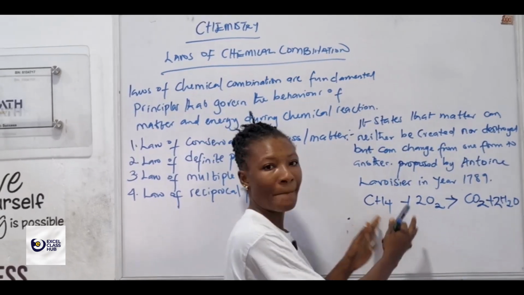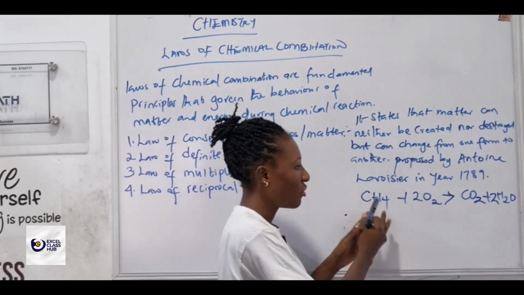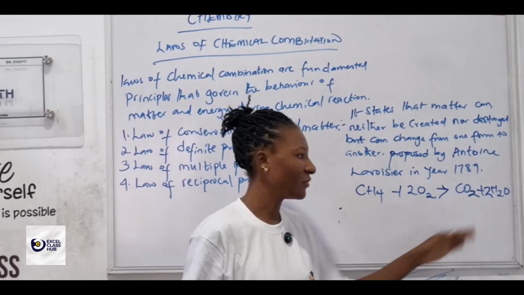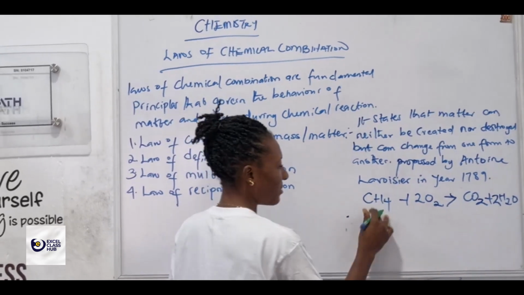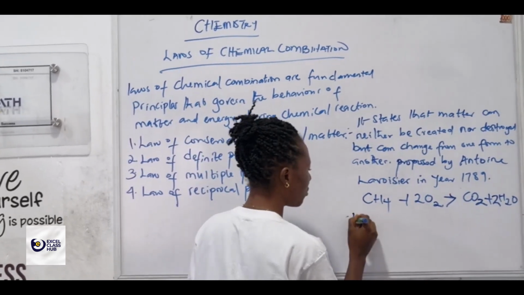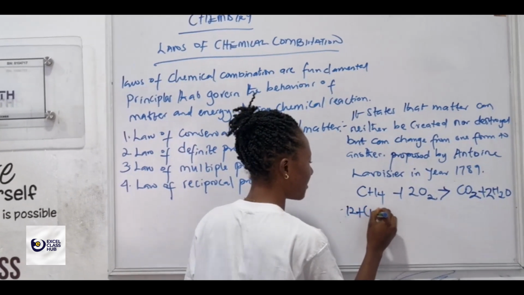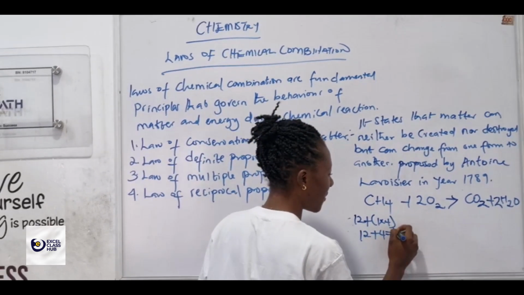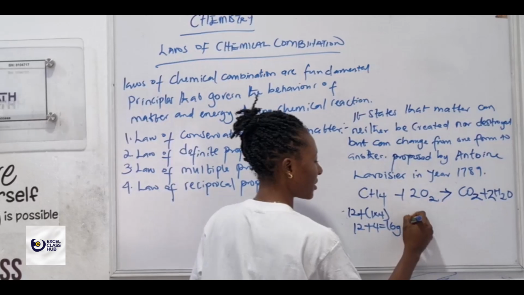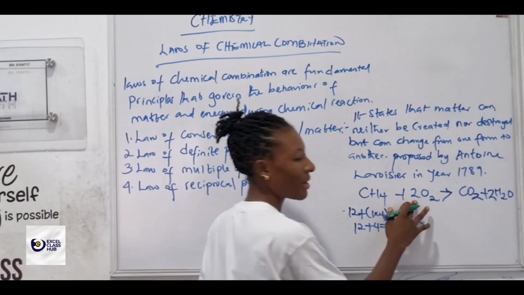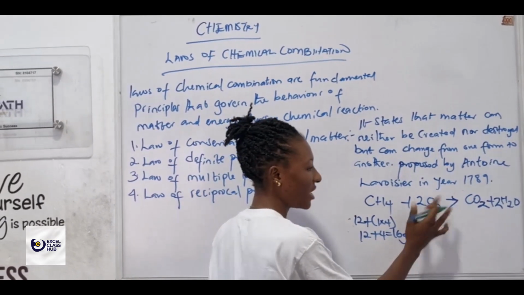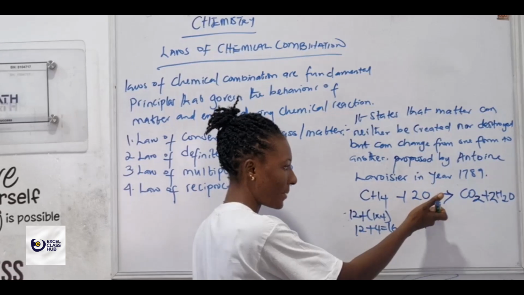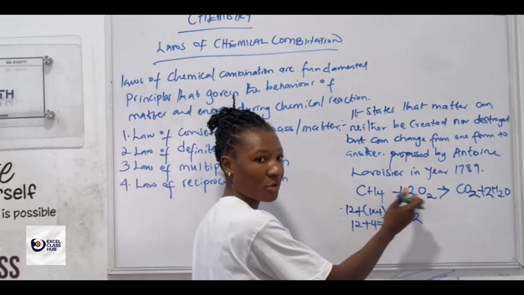The amount of mass of the reactant will be equivalent to the amount of mass of the product. For methane, we have 12 plus 1 times 4 to give us 12 plus 4, total of 16 grams of methane, plus 2. Remember, this 2 belongs to oxygen. If you have 2 elements combined together, whatever you have here belongs to the 2 of them.